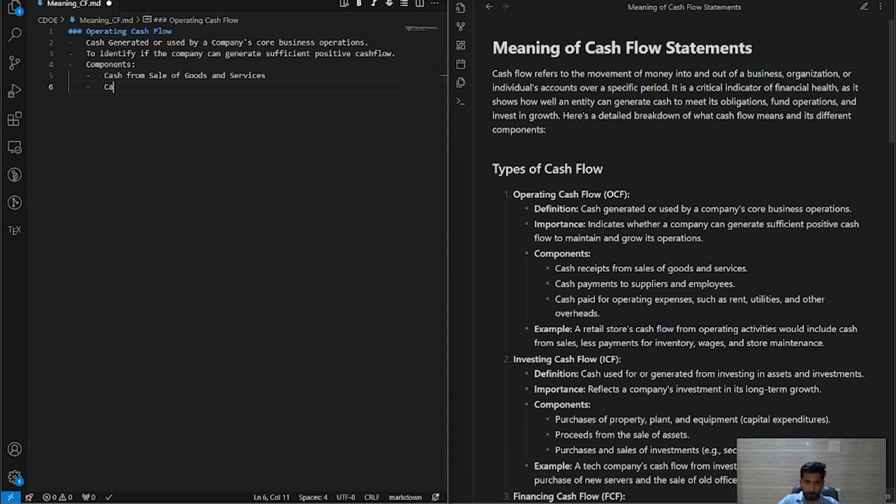After that, cash payment to suppliers. And after that, cash paid for operating expenses such as rent, utilities, and other overheads.